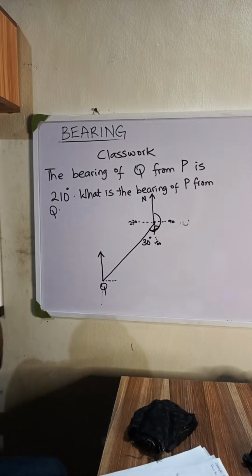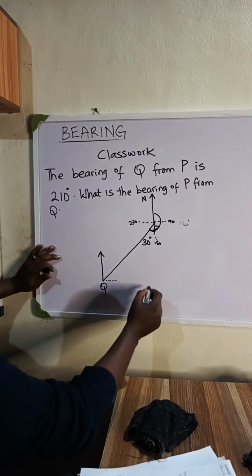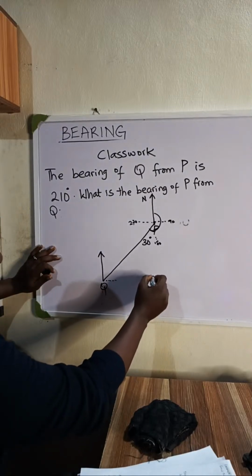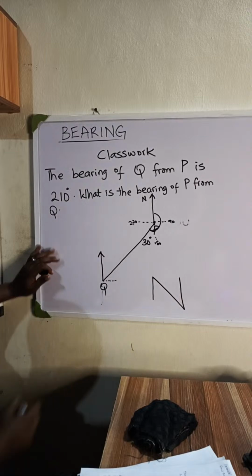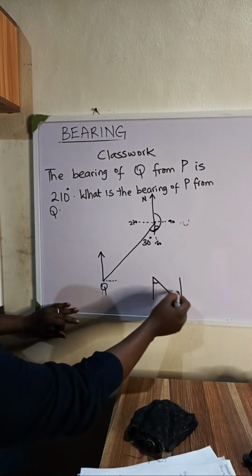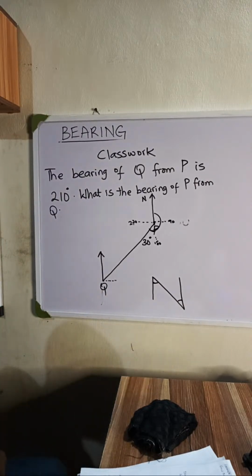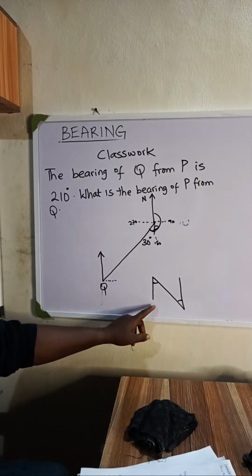In this situation, when you have two angles in this form, what are they called?